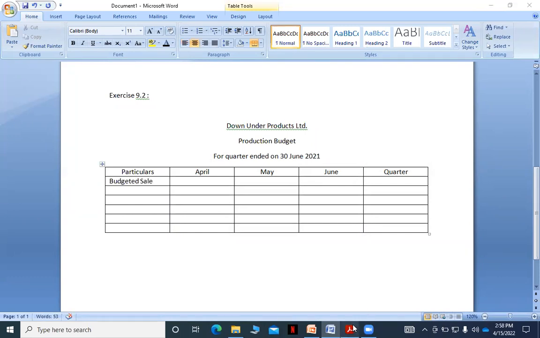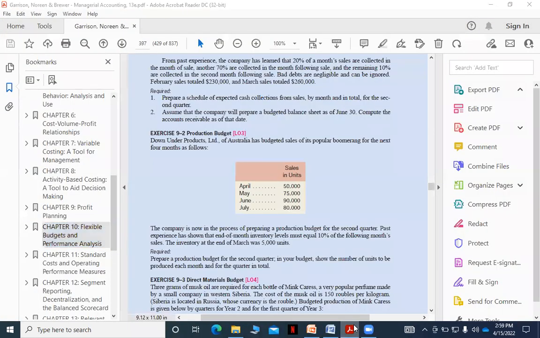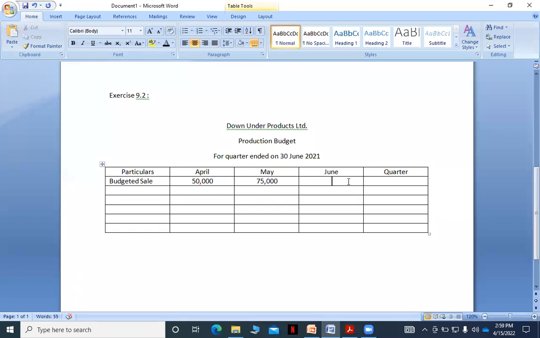এপ্রিল মাসে কত সেল করছে? এপ্রিল 50,000, মে 75,000, June 90,000, okay, June 90,000, and total quarter will be how much?